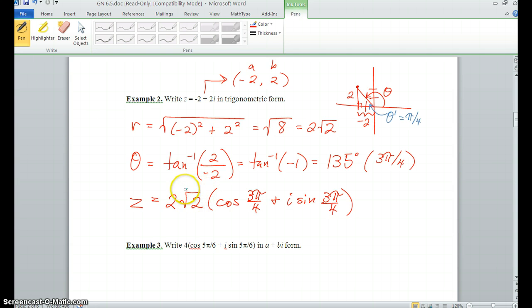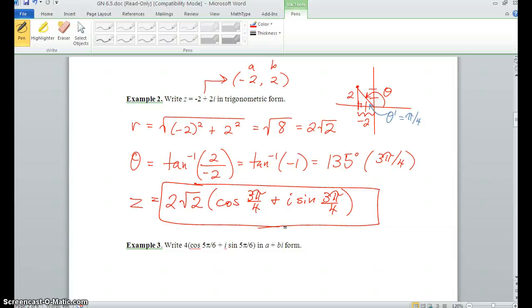And yes, you could use degrees, but typically speaking, we start looking at this type of trig form in radians. And we'll go back and forth between radians and degrees, but that's a good final answer.